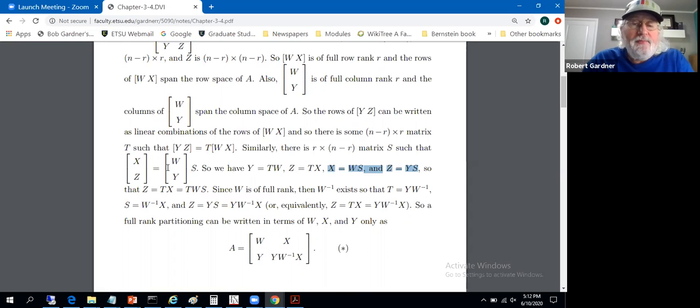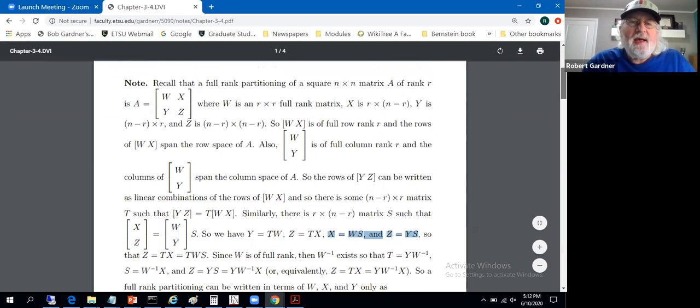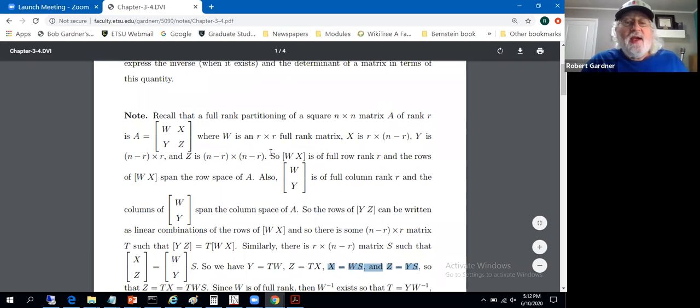All right. I don't really want to talk about T and S because I'd have to run out and compute them in practice. What we're trying to do is, in a presentation of a matrix A where we've got this R by R full rank matrix up here in the upper left-hand corner, see if we can express some of the other pieces.